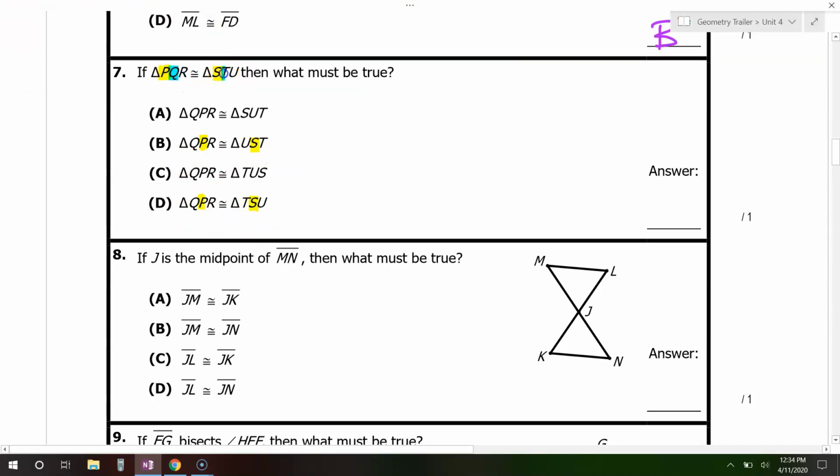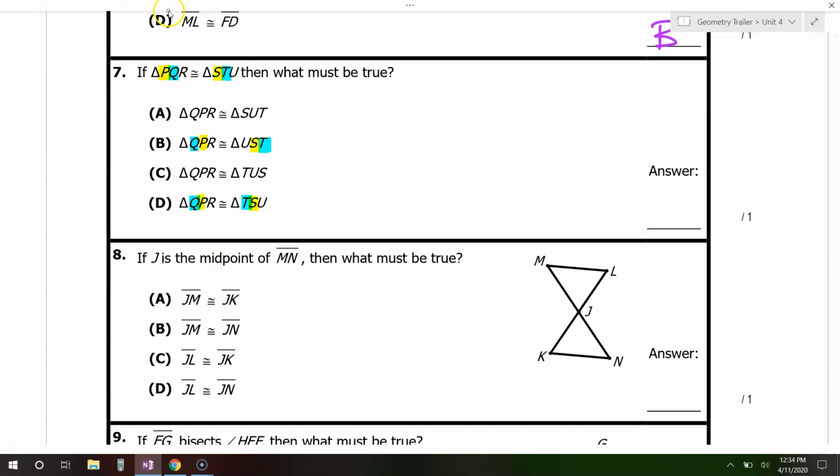Q has to correspond with T. Now here's Q. Oh, but then T is in the wrong place. So the answer has to be D, but let's follow through. Here's Q and here's T in the same position.